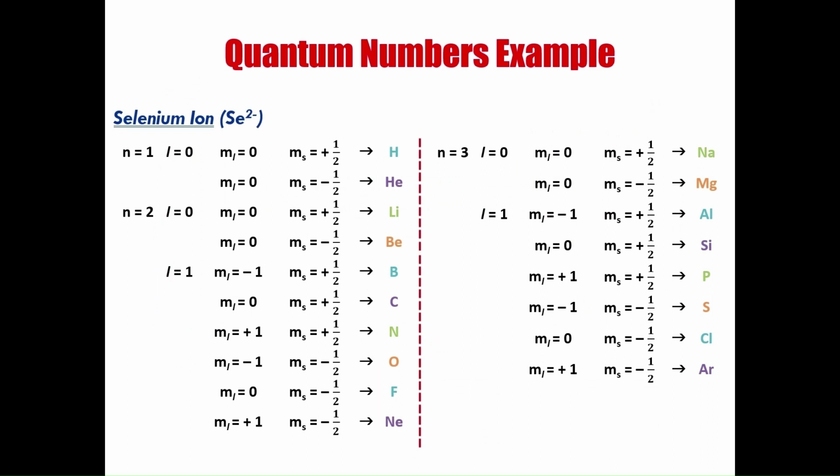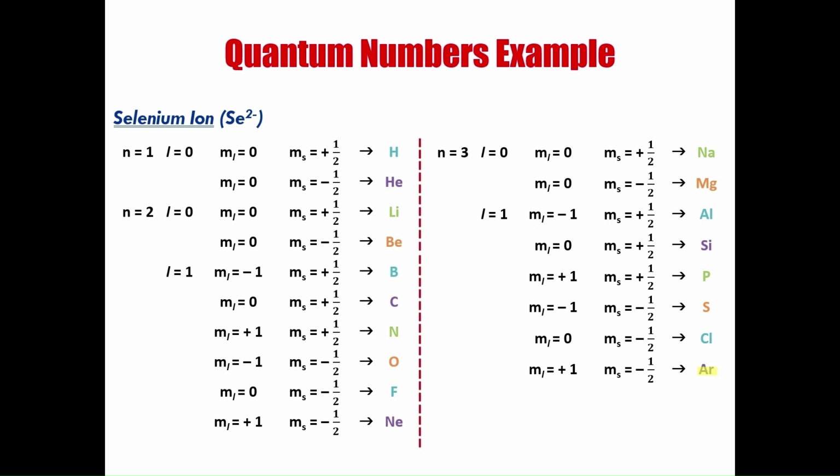So going back to our example, we've just written all of the quantum numbers for the elements leading up to argon. And we just finished filling the p orbitals in the third energy level. But as I just showed you, we need to go from the third p orbitals to the s orbital in the fourth energy level before we can get to the d orbitals in the third energy level.